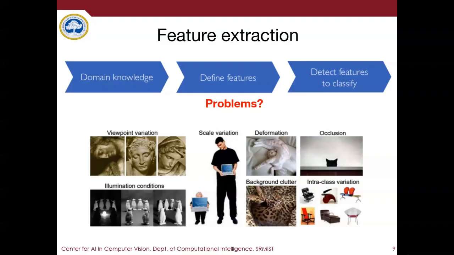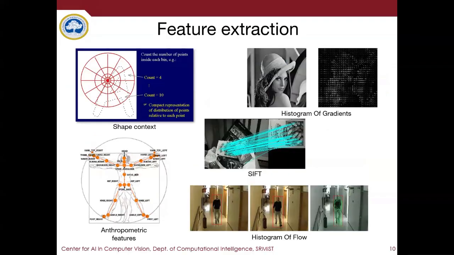So how do we make feature extraction robust? For that, many feature extraction techniques have come in the past, in particular in image processing and computer vision. Many algorithms. These are handcrafted features.